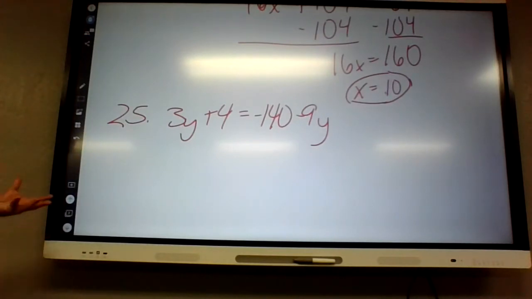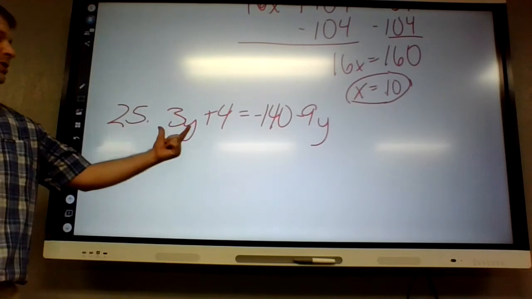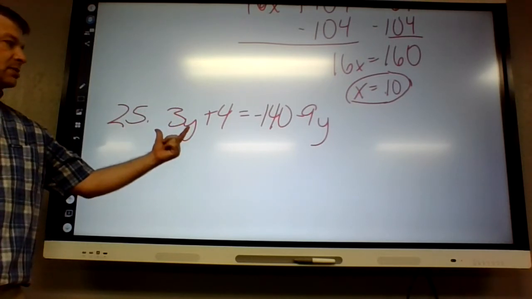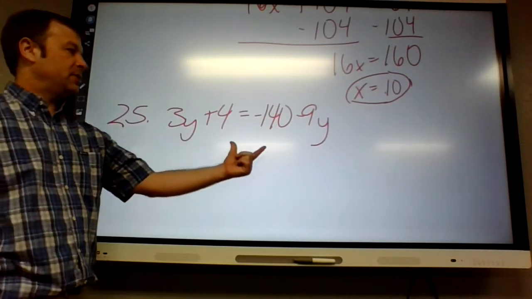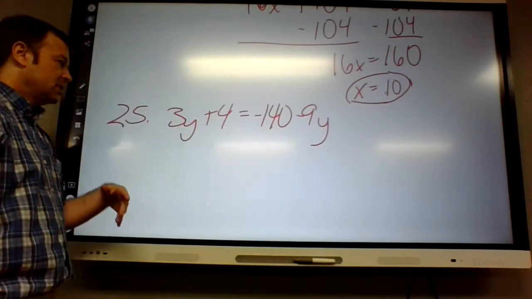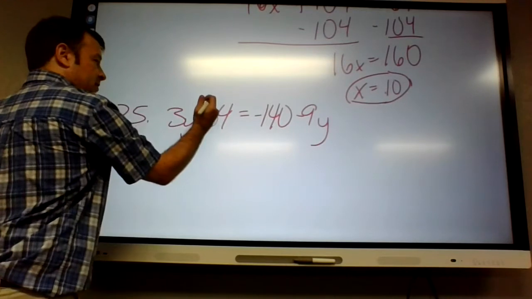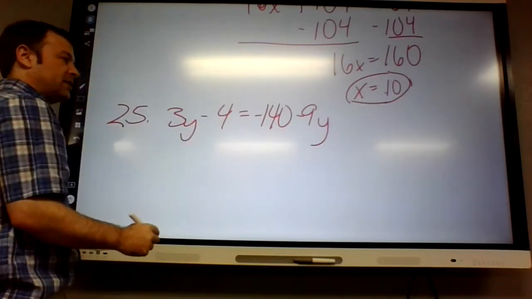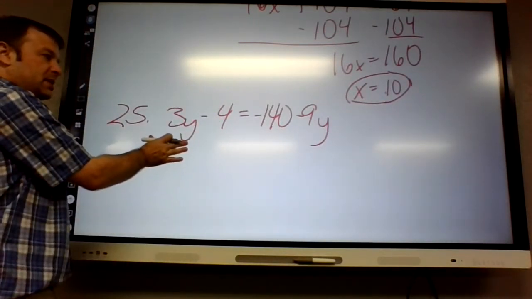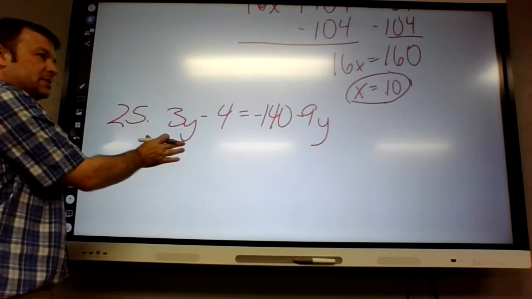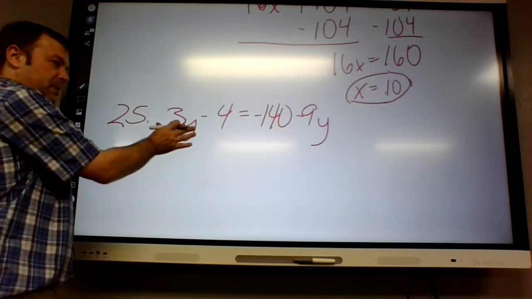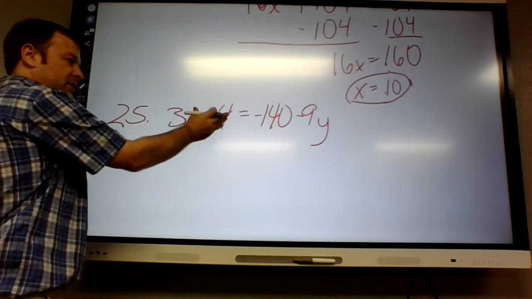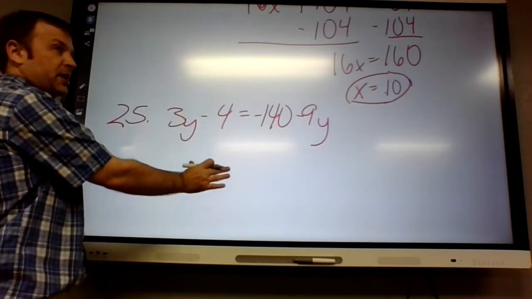So yeah, if you got the variable on both sides, you want to get rid of it on one side. So how could I get rid of this 3Y? I could subtract 3Y because it's added to 4. There's a problem on the evens that looks kind of like this. How could I get rid of 3Y in this case? Divide by. No. 3Y is still added to negative 4 basically, so you still subtract 3Y.